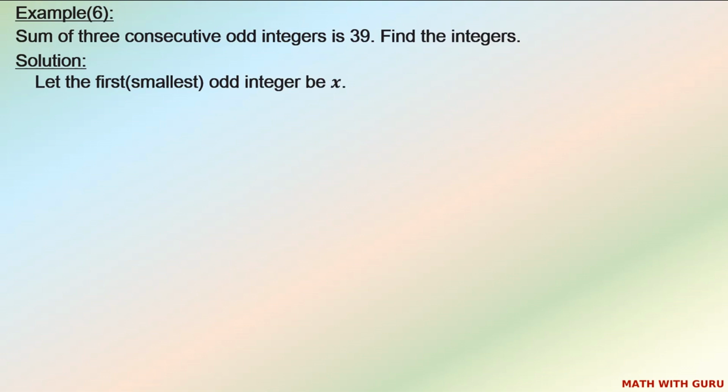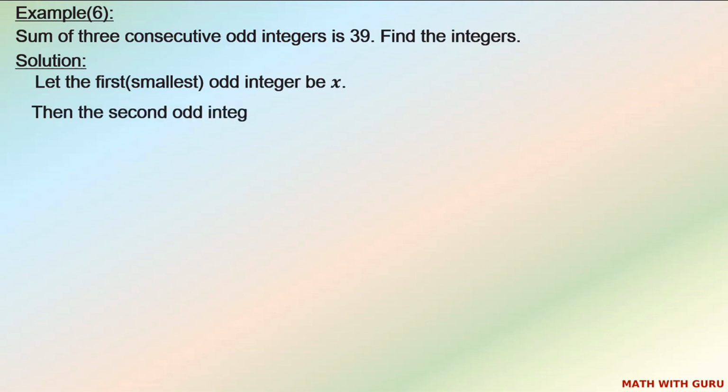What is the consecutive odd integer of 5? Obviously, it is 7. How do we get 7 from 5? By adding 2 to 5. Similarly, by adding 2 to x, we get the next odd integer.